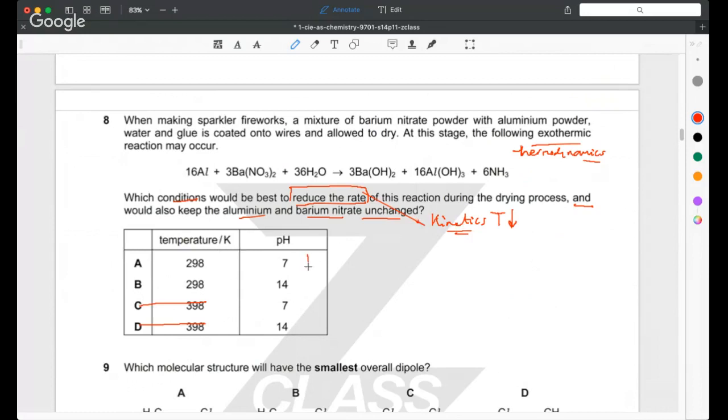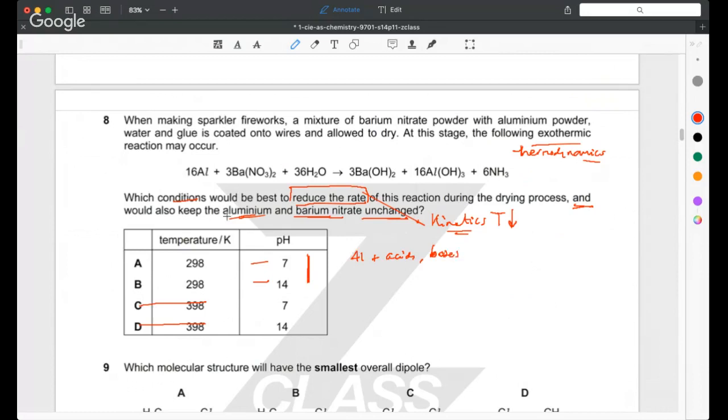So that just leaves us to work on this bit here. And that comes to the second part of the question, where it says it wants to have the aluminium and the barium nitrate unchanged. And it says, will they be unchanged at pH 7 or at pH 14? Well, you should know that aluminium has amphoteric behavior with acids and bases. So you can react aluminium with acids, you can react aluminium with bases.